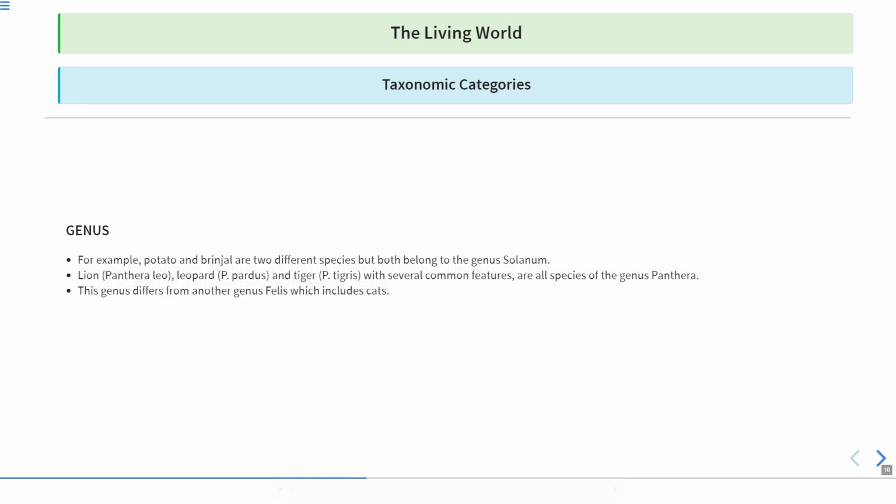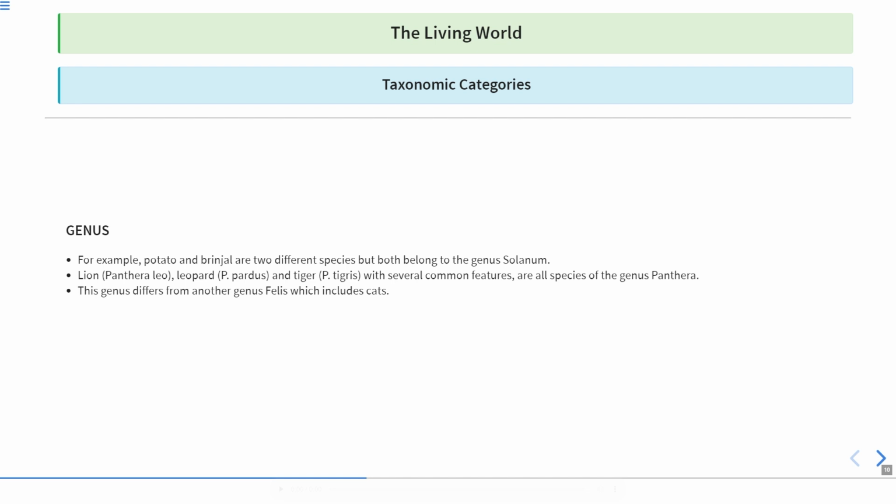For example, potato and brinjal are two different species, but both belong to the genus Solanum. Potato is so much different from the brinjal plant, right? Now you can see the lion, Panthera leo, leopard, Panthera pardus, and Panthera tigris. All three have the same genus, Panthera, with several common features of all species of the genus.